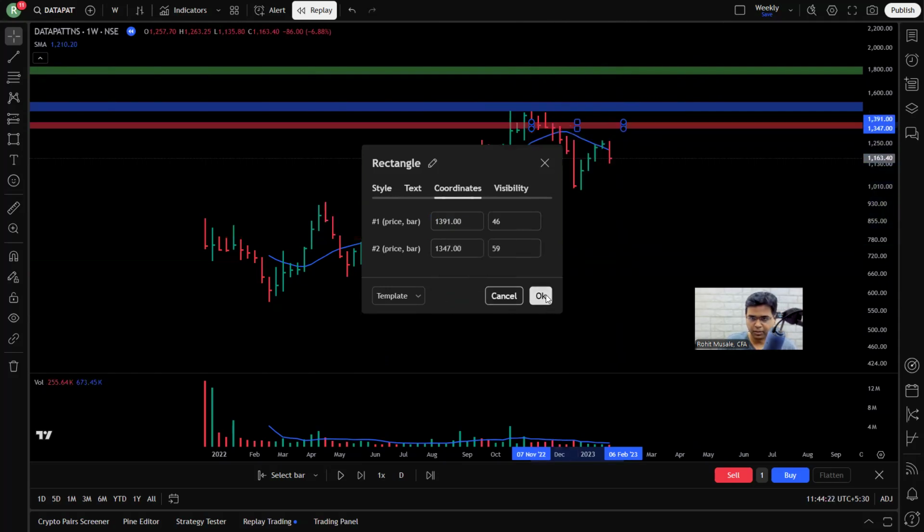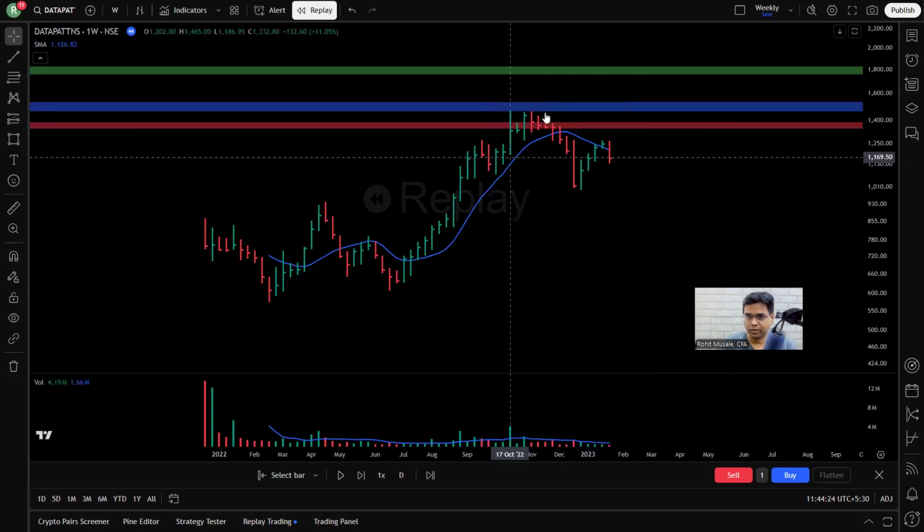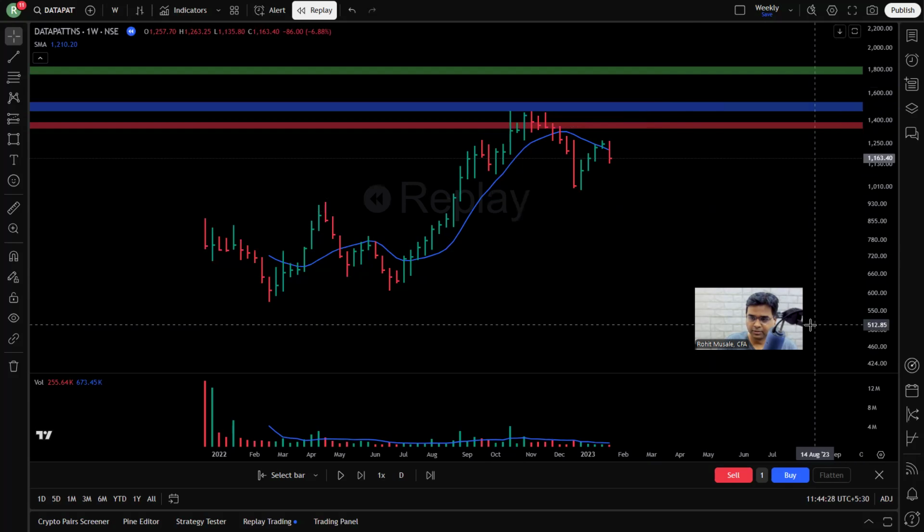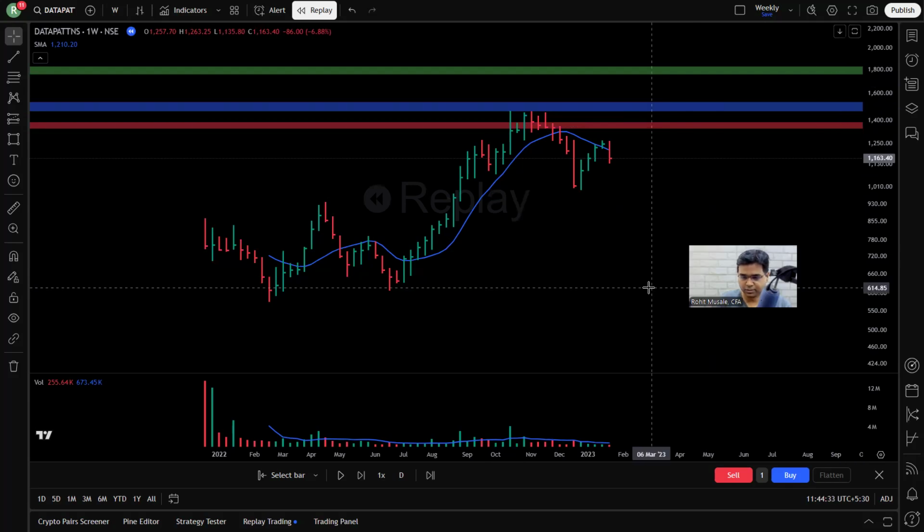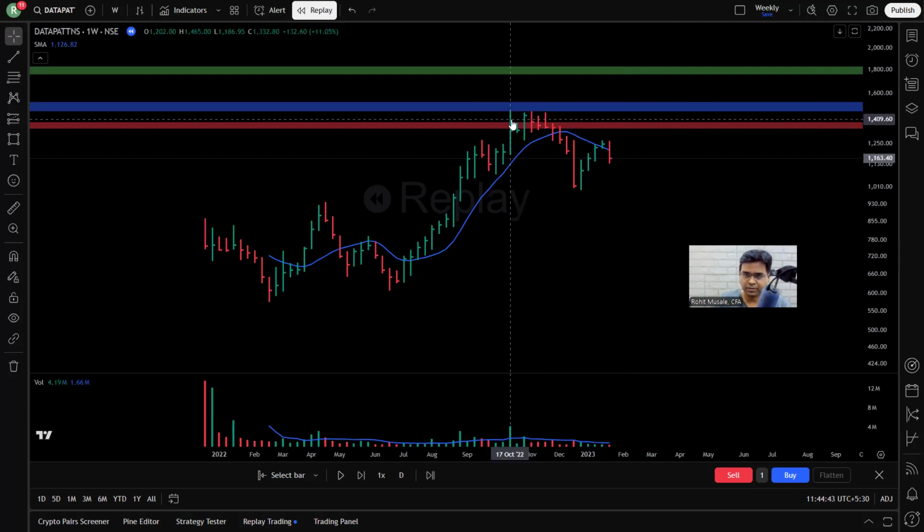Okay, very simple. Okay, so we have the base, we have the buying zone, stop loss zone, and the selling zone established. Okay, what was the first statement? Winners don't go more than 8% below the correct pivot buy point. So the correct pivot buy point is the high of this bar, which is 1465 in this case.